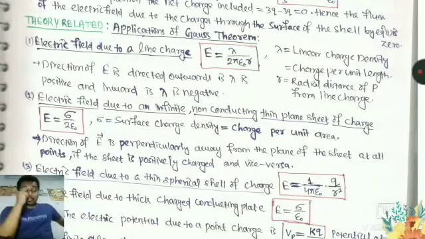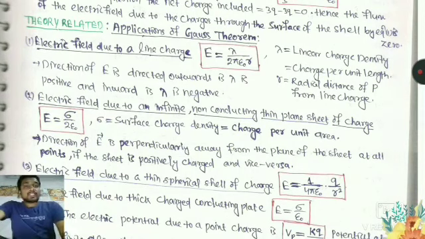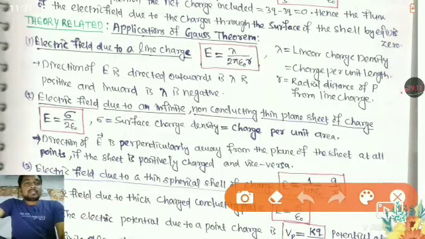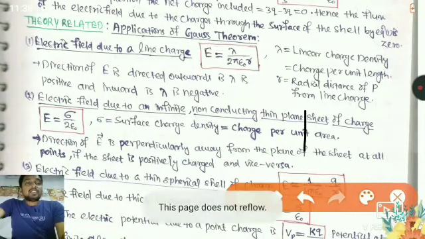We know that there are three types of charge distribution: linear charge distribution, surface charge distribution, and volume charge distribution. The electric field due to linear charge distribution is equal to lambda by what? 2 pi epsilon naught r. Similarly, what is lambda?